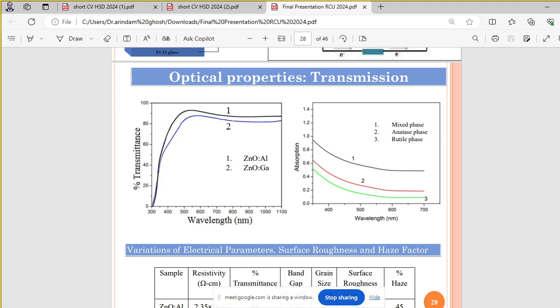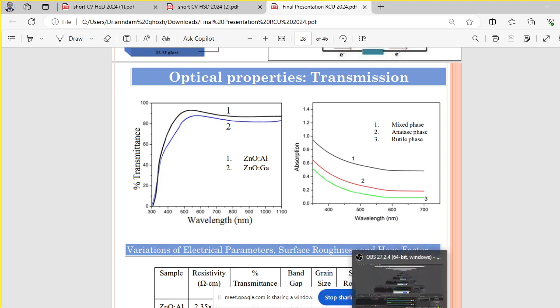Among these three, anatase is the better option. Basically, it indicates its results for DSSC, the dye-sensitized solar cell. It provides higher surface area due to its crystallographic orientation, and lower recombination rates.